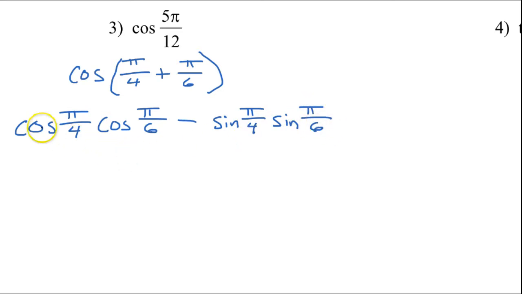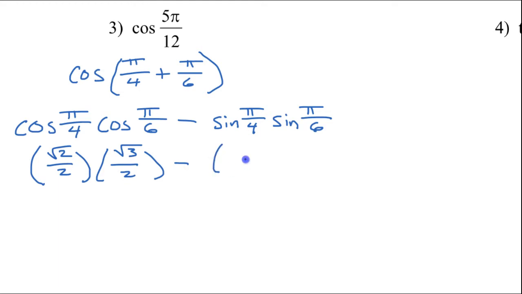Okay, so let's evaluate each one of these separately. Cosine of pi over 4, we have memorized that this is radical 2 over 2. Cosine of pi over 6, we have memorized that this is radical 3 over 2. Sine of pi over 4 we know to be radical 2 over 2. And the sine of pi over 6 we have memorized is 1/2.